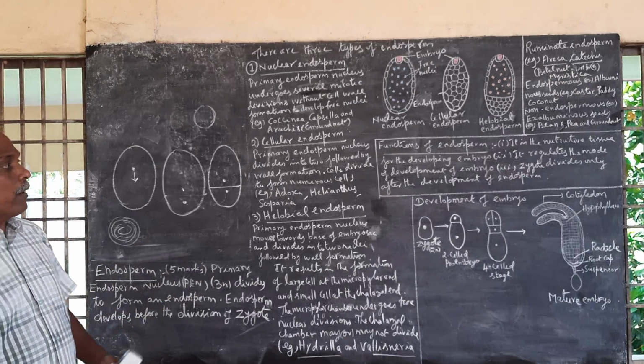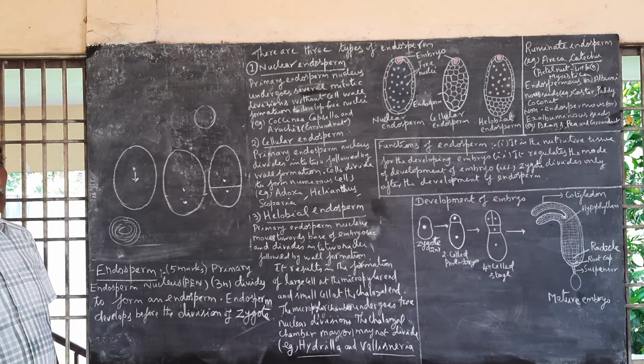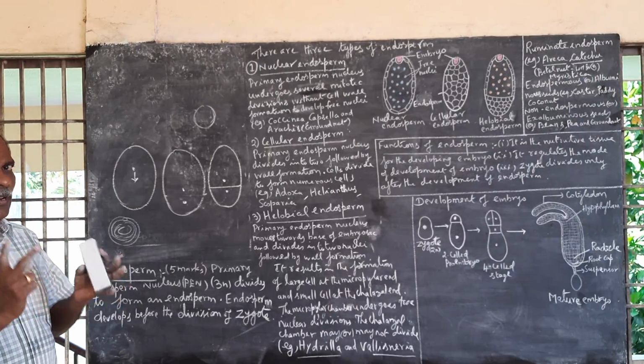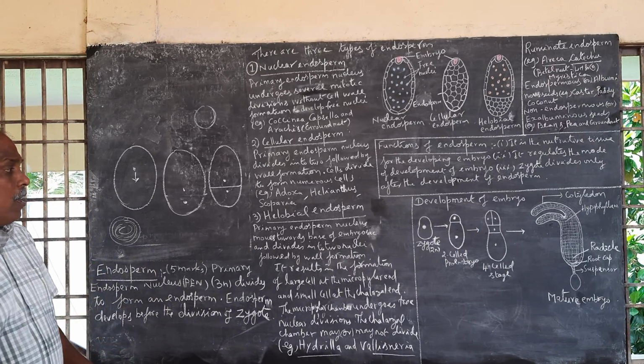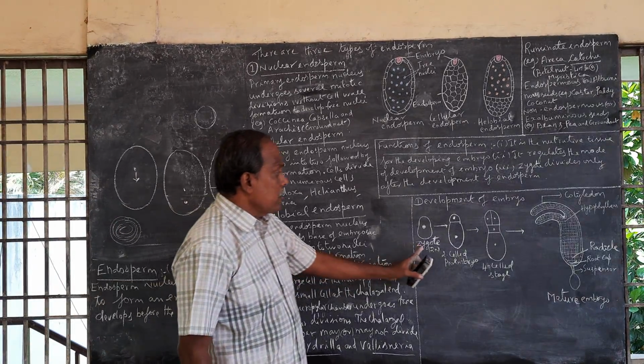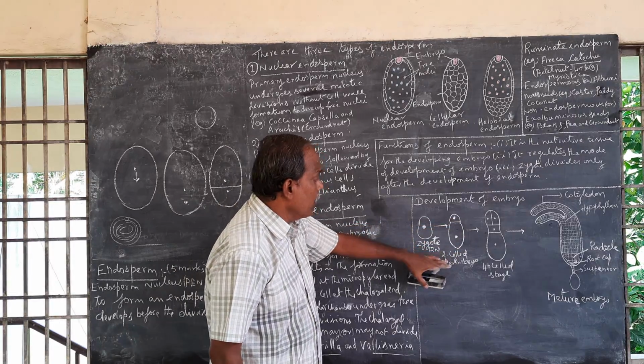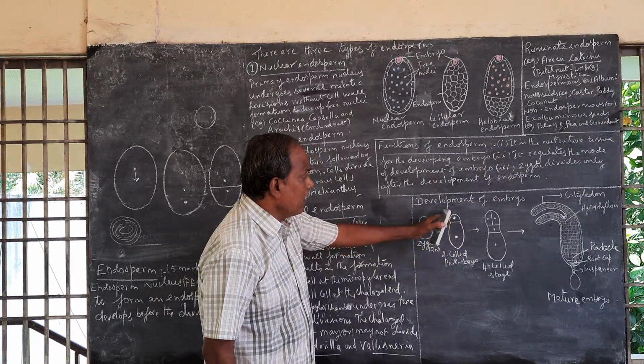Then next, development of the embryo. Only a few things are given to you, not a detailed account. The zygote is a diploid cell. The zygote divides transversely into a lower cell and a terminal cell.